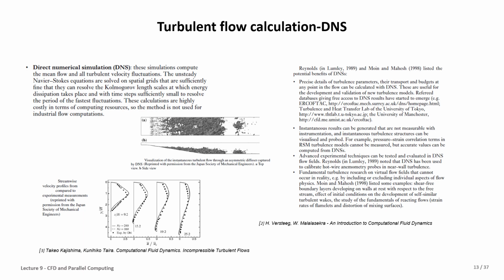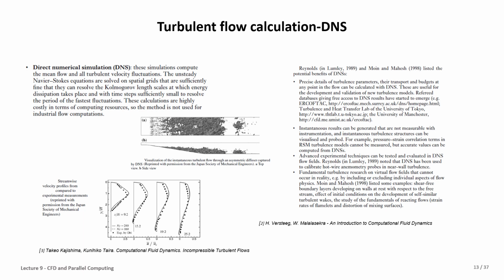It's able to solve on the spatial grid all the Kolmogorov length scales, and then it provides high accuracy of the solution, we can say an exact solution. But as you can see here, the calculations are highly costly in terms of computing resources, so the method is not used for industrial flow computation.